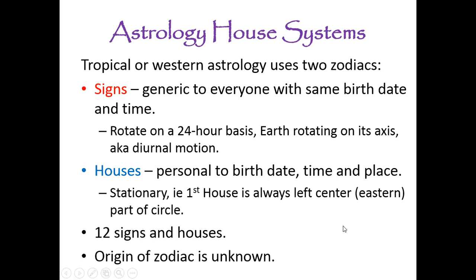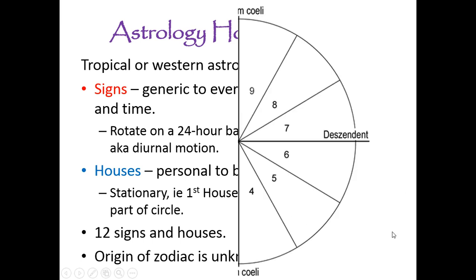That, for instance, Pluto traveling at 12 degrees Capricorn is going to be in different houses for all of us. And so that transiting Pluto in those different houses, this is where it gets personal. It's always going to have a different interpretation based upon which house that transiting Pluto is falling in. This is true in the natal birth chart as well.